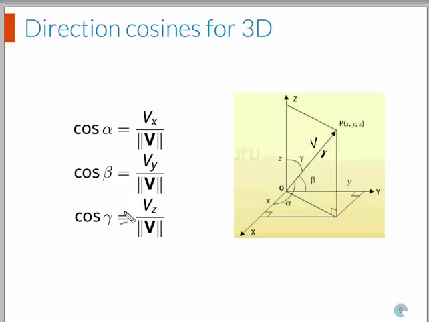You can see that the cosines of these angles are the component divided by the magnitude, divided by the length of the vector. So if you have the component and you have the magnitude, you can use the arc cosines to find alpha, beta, and gamma. On the other hand, if you have the alpha, beta, and gamma, and you know the length of the vector, you can find the components.